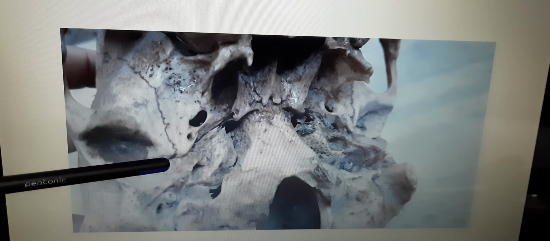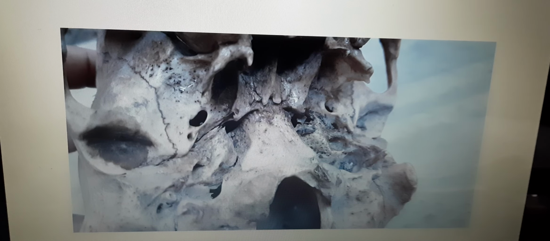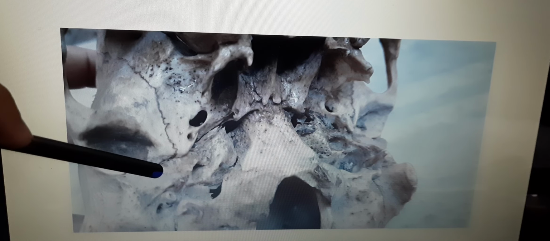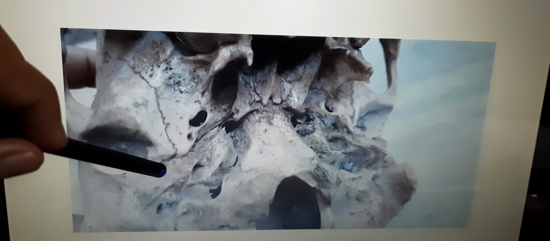No structure passes through the petrosquamous part, but through the petrotympanic part the chorda tympani nerve, which is a branch of the facial nerve, comes out, and the anterior tympanic artery goes into the middle ear cavity through this fissure.